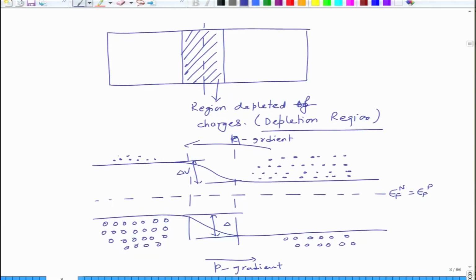So while you have an electron gradient and hole concentration gradient to drive the diffusion, the counteracting force comes from the electric field. This delta V prevents the electron and hole flow from going further into the device.